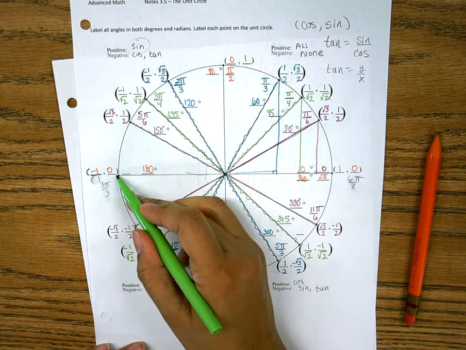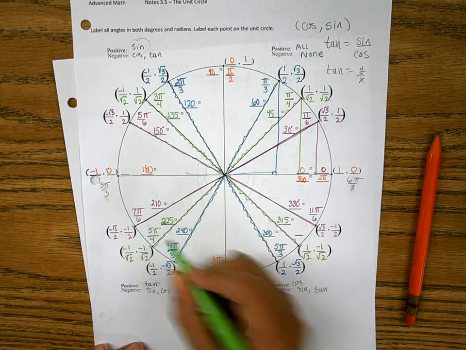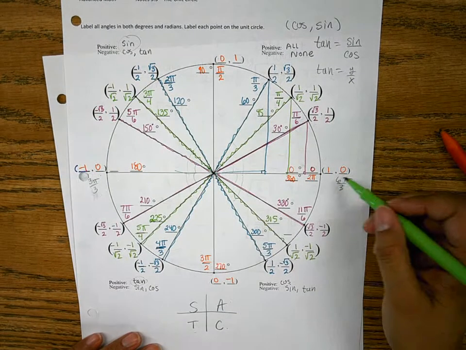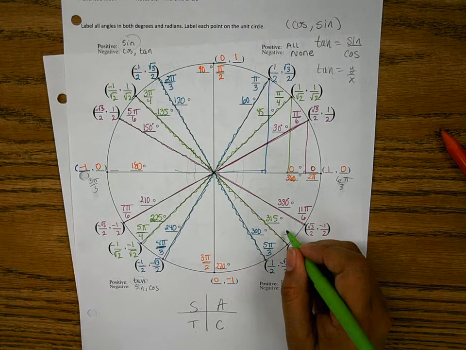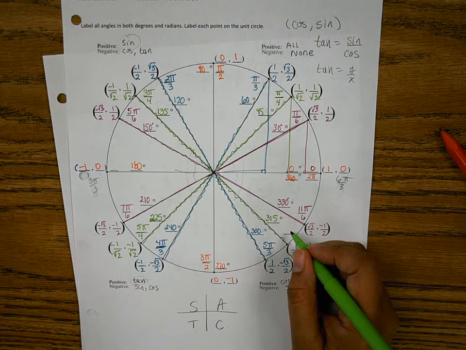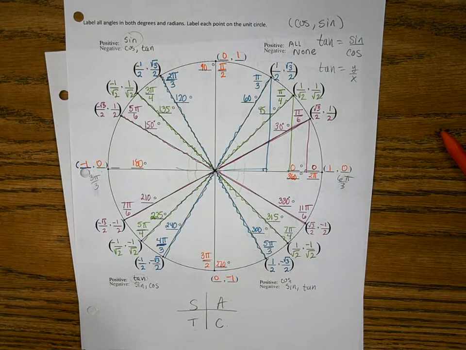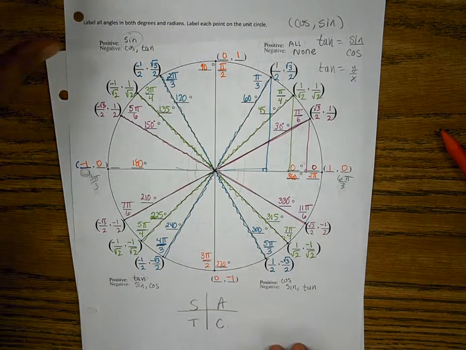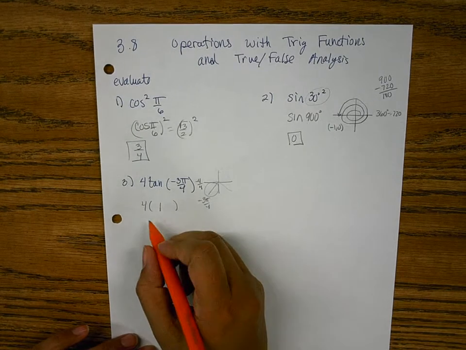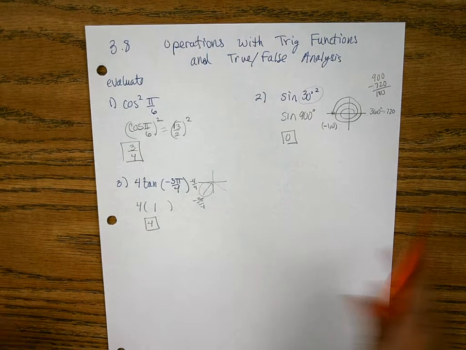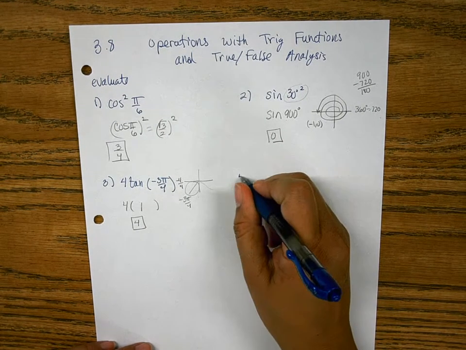If this is 4 over 4, then this is 3 pi over 4. 4 over 4, this would be 5 pi over 4. This is 8 over 4, so subtracting 1 would be 7 pi over 4. Okay, putting this aside. So it comes out to be +1 in the end, and 4 times 1 is 4.